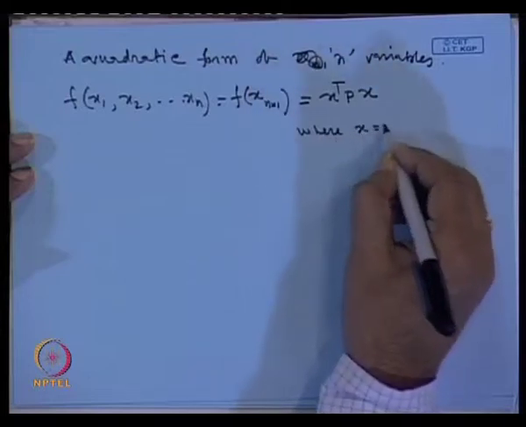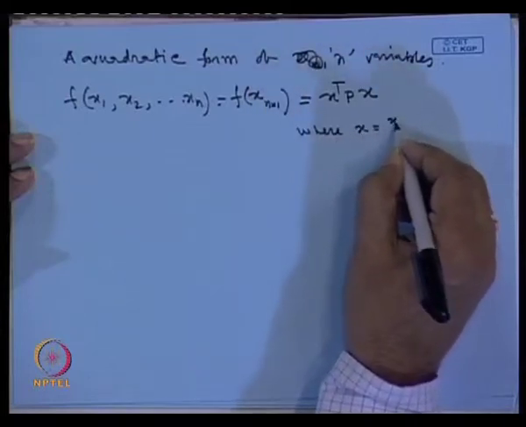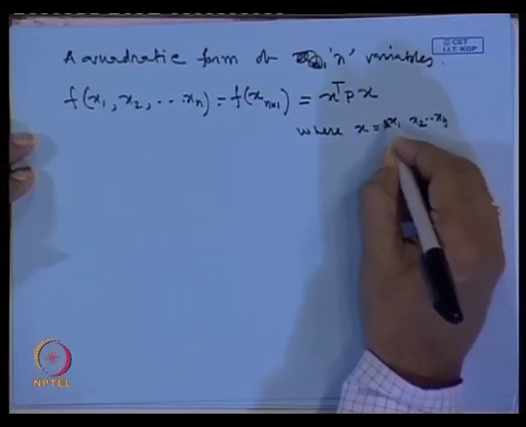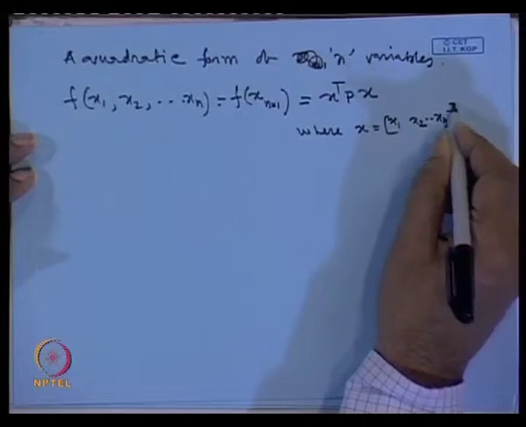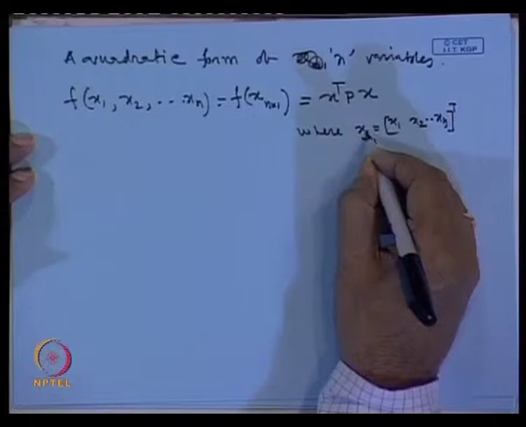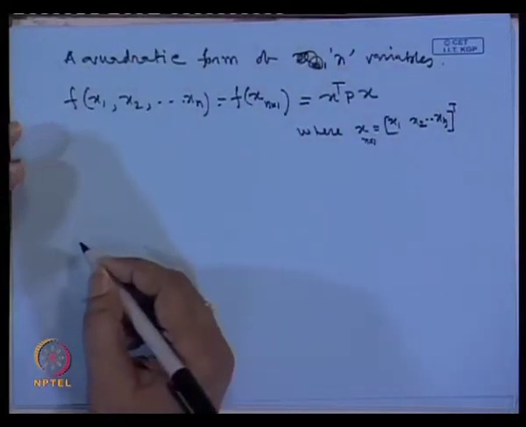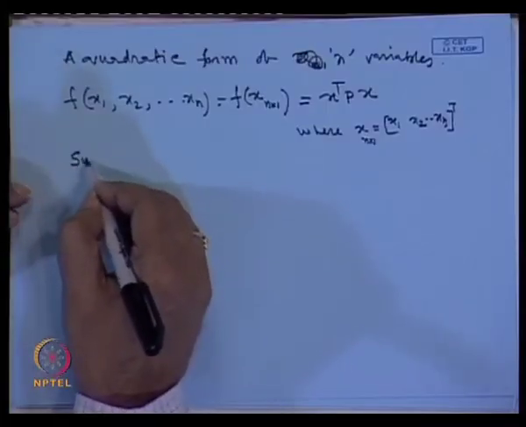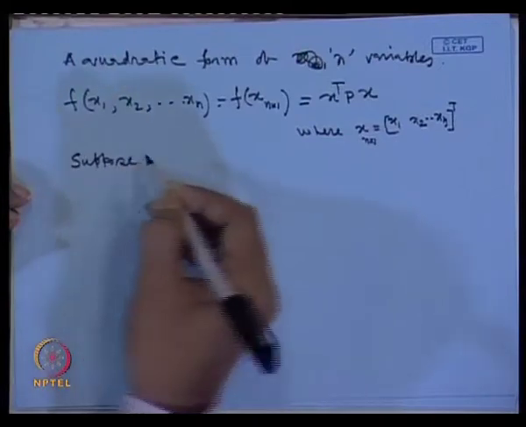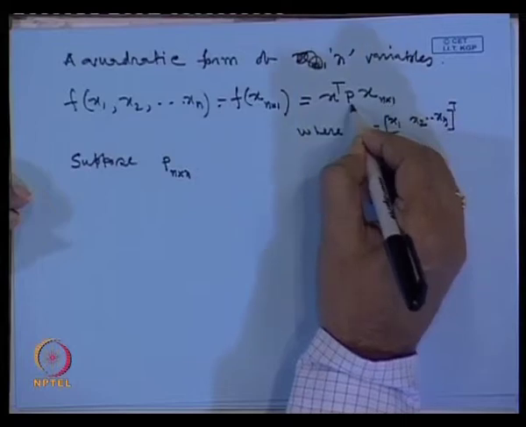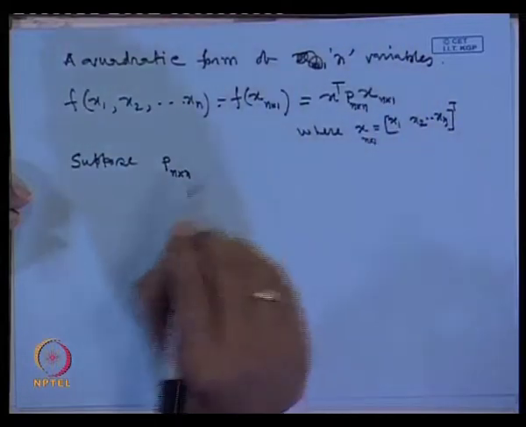Where x is equal to x 1, x 2, dot dot x n whole transpose, which means it is a column vector of dimension n cross 1, and P has dimension n cross n.